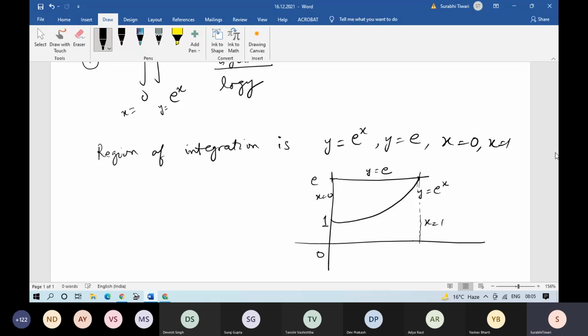So the curve bounded is this curve. Okay. So this is the region of integration: y is equal to e, y is equal to e raised to the power of x, x is equal to 0 and x is equal to 1.